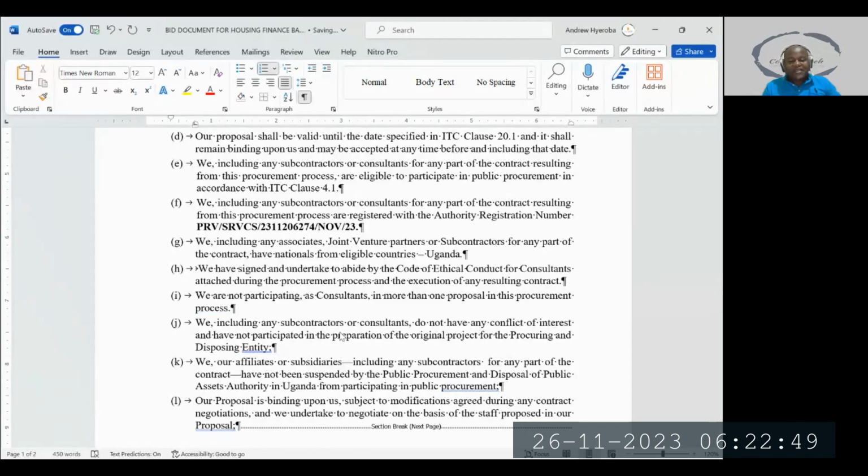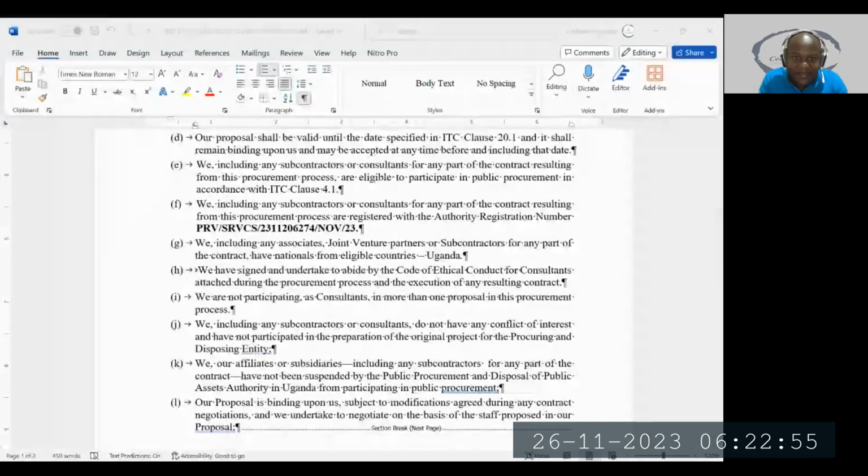So if somebody asks you for their CV and you give it to them, that's why they always say make sure they sign as part of the people participating in the procurement process as being available for you.